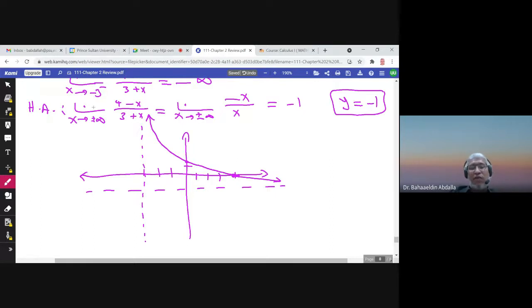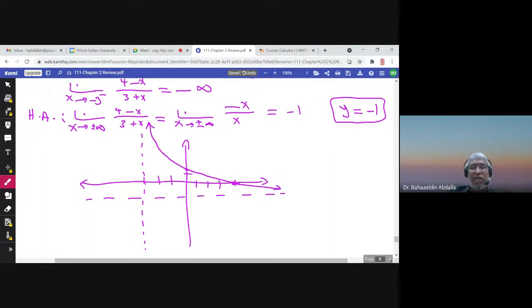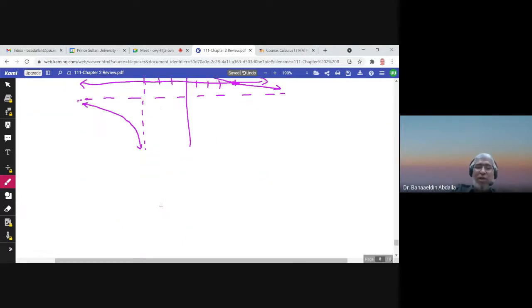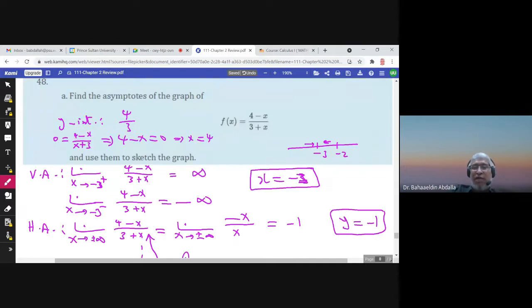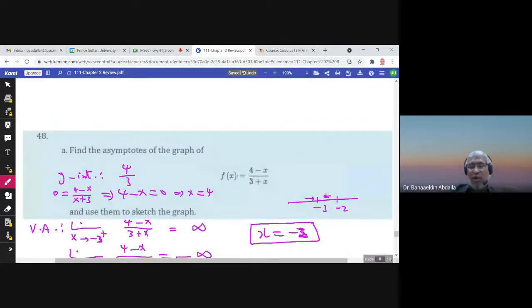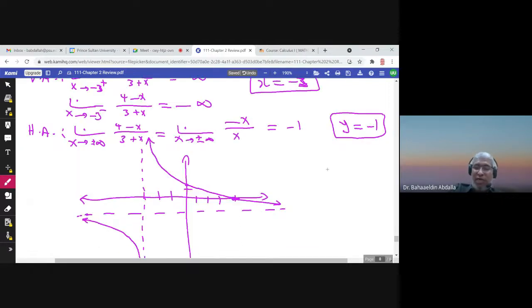To the left of the vertical asymptote, as x approaches negative 3, the function approaches negative infinity. And it must go by the horizontal asymptote. Well, there is a possibility that the graph could intersect the horizontal asymptote. So to find out whether this graph intersects the horizontal asymptote or not, I put the two equations equal to each other. So this is the function, and the horizontal asymptote is y equals negative 1.